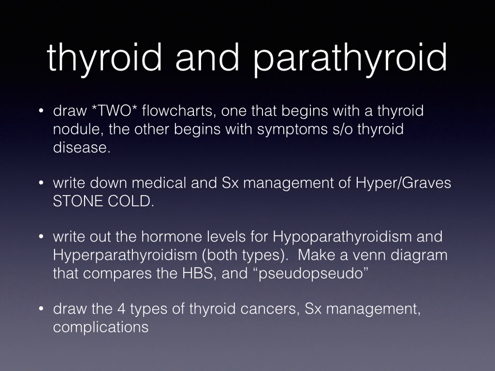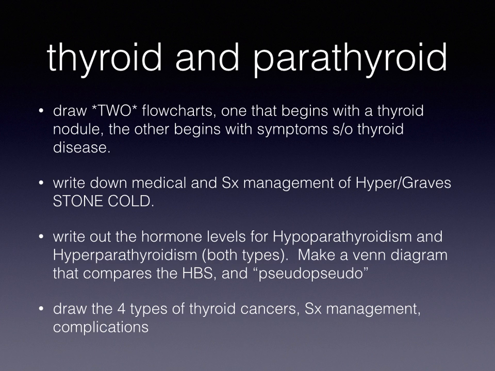As far as comparing the hormone levels, like what's elevated and what's decreased in the lab work of hypoparathyroidism and hyperparathyroidism, both types, I wrote that down on the notes, and I also made kind of a diagram that compares the hungry bone syndrome and pseudo with the three main types.